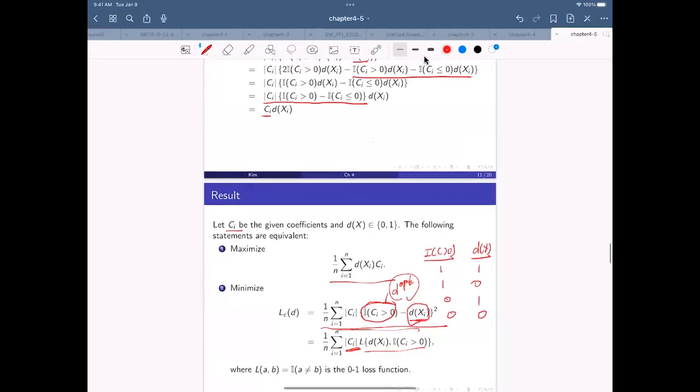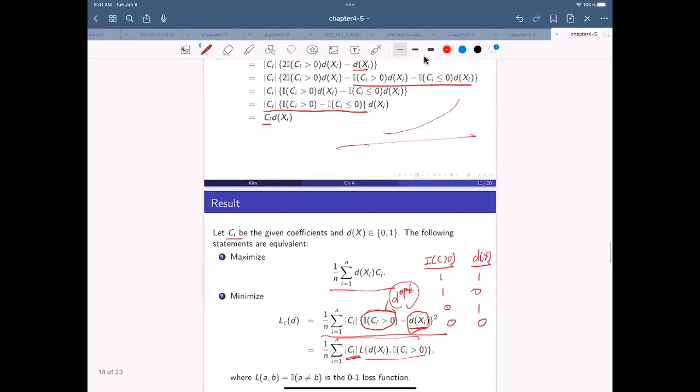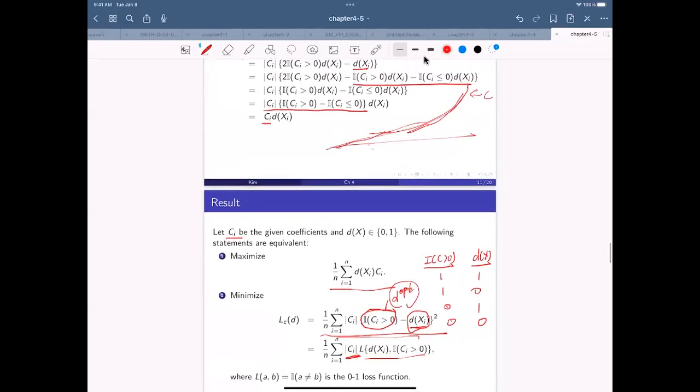Suppose this is the C function, and I'll draw it like this. Okay, so this is C, and the decision around this area is not really critical, right?